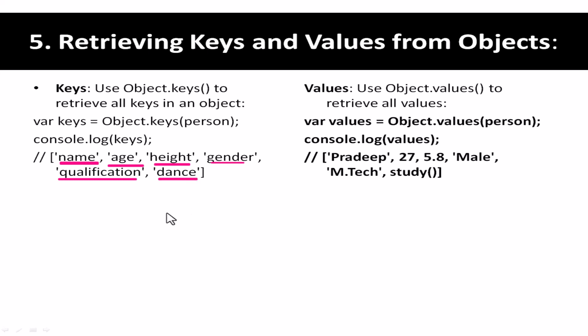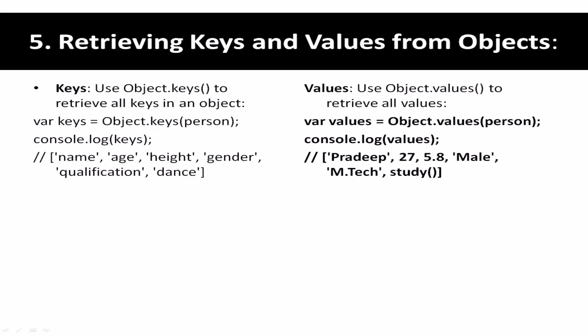Now how do we retrieve? Based upon Object followed by the keys of the person, you can retrieve the data. If you consider values, you can use Object.values, which retrieves all the values of the specific person.